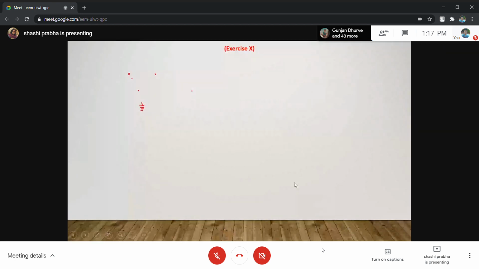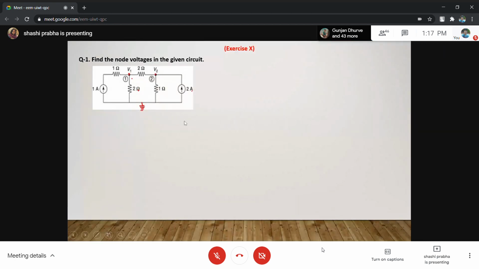Did you draw the diagram? We can take this as node number 1, this as node number 2, and this is a reference, and reference is always taken as 0 volt. Your first step is to take one node as a reference node and other nodes as V1, V2, V3, whatever nodes are there.